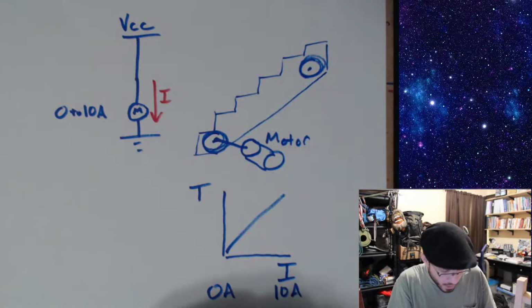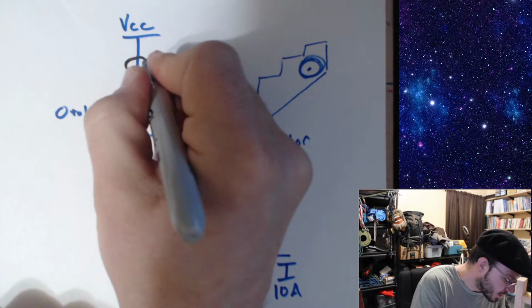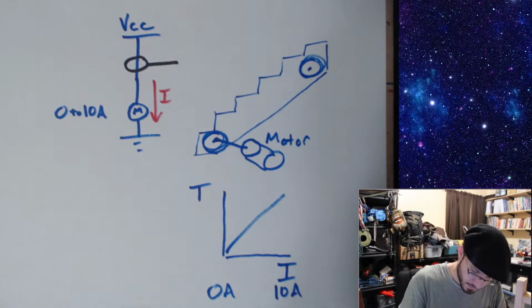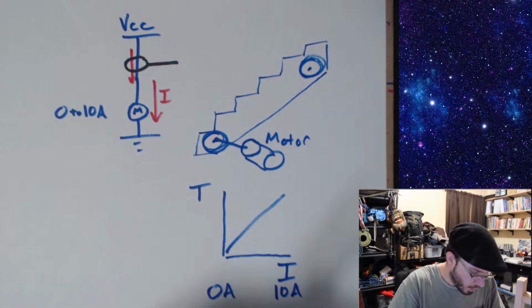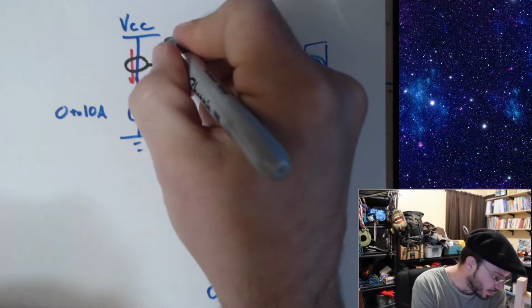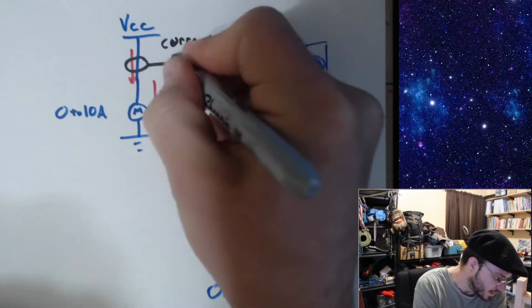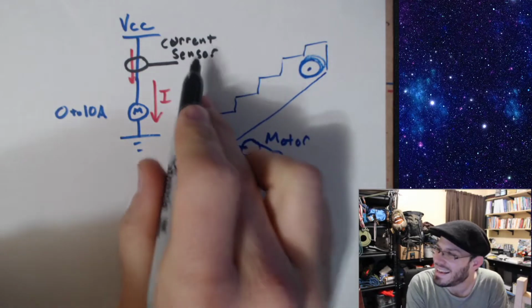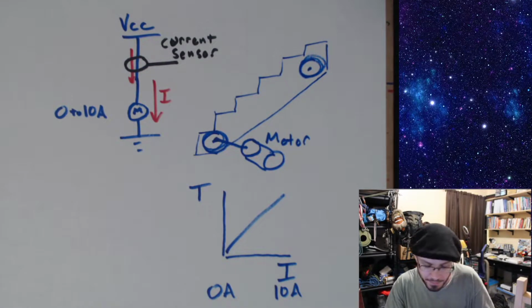And so what we want to do is measure the current. So we're going to use a current sensor, so that I can detect the situation when something bad is happening to this escalator.